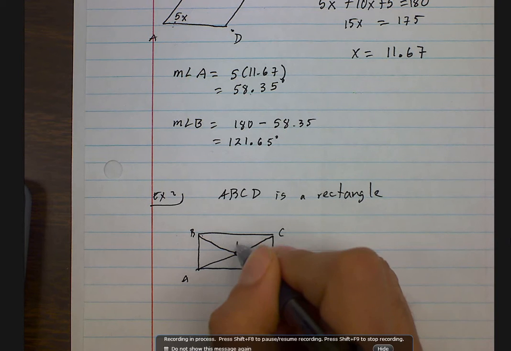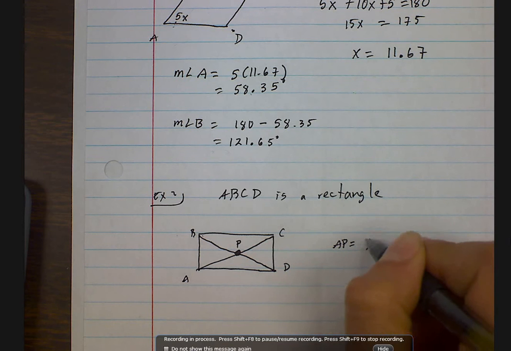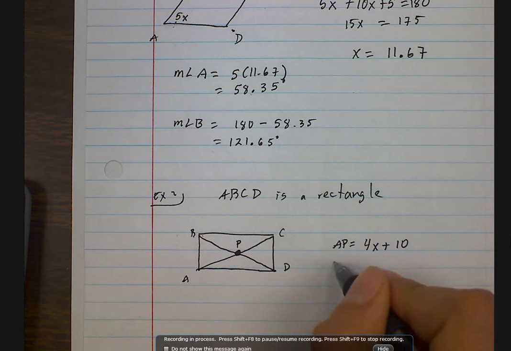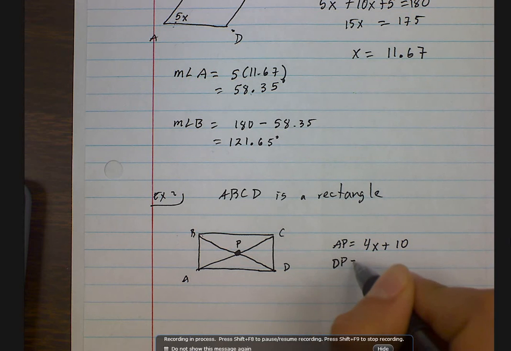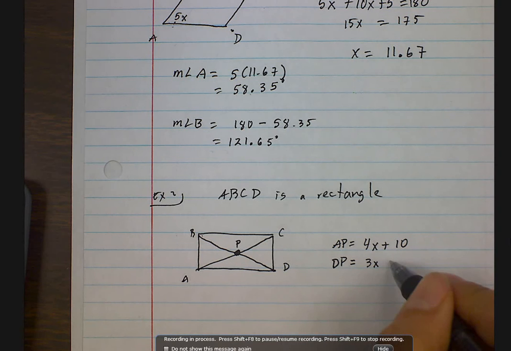I know that AP is equal to 4x plus 10, and DP is equal to 3x plus 12.